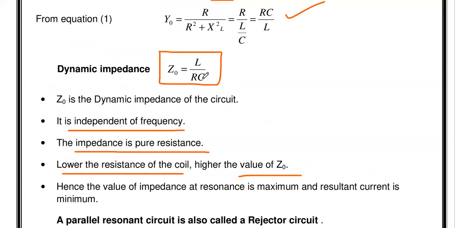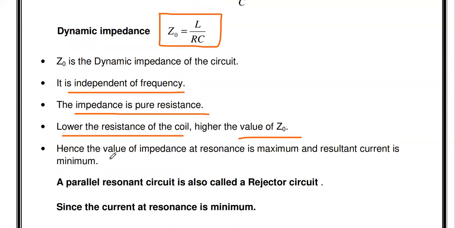So if it is a good quality coil, the dynamic impedance offered by this practical RLC circuit is very high. So the value of impedance at resonance is maximum. If the impedance is maximum, you already know the current is minimum. So in a parallel RLC circuit, at resonance the impedance is maximum, so the current is minimum.